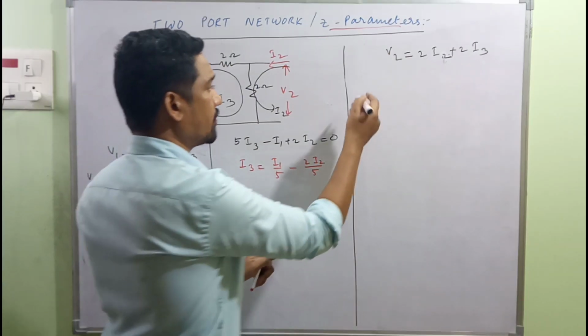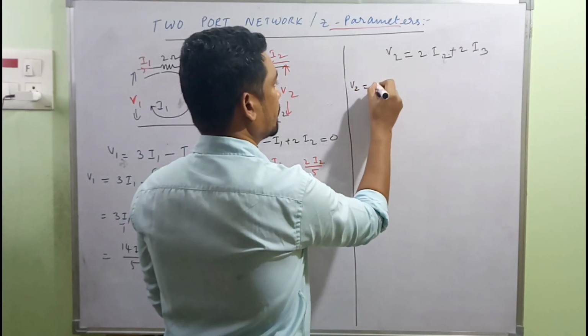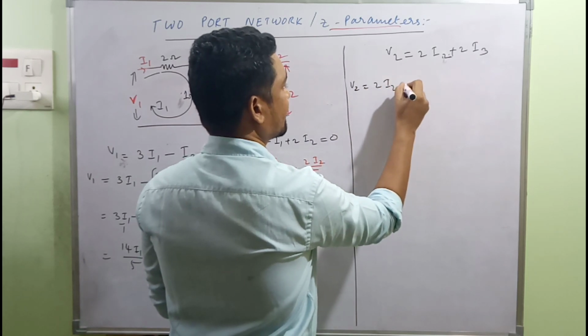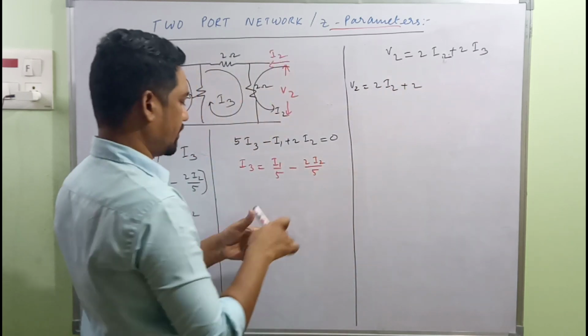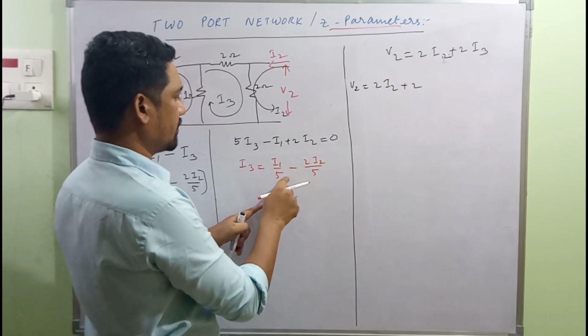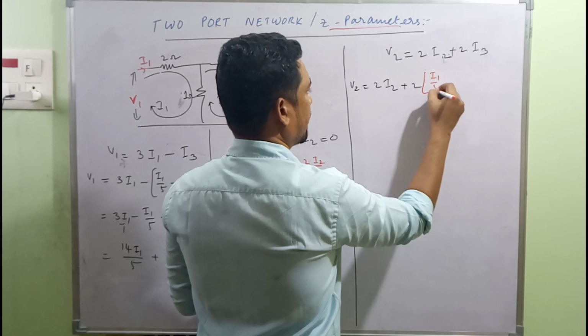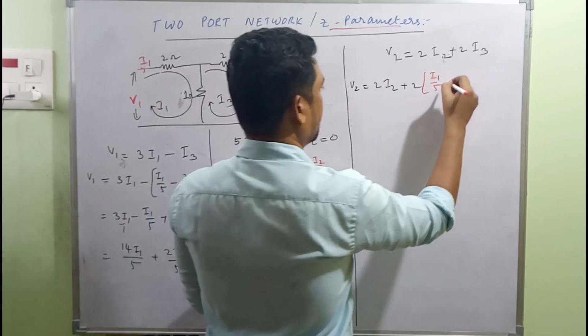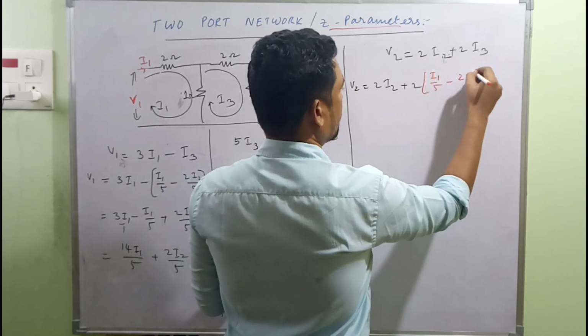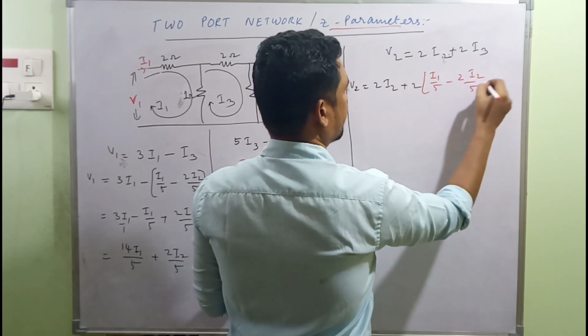Now evaluating for V2, we have V2 equal to 2 times I2 as it is plus 2 times I3, and I3 should be plugged in from here: I1 upon 5 minus 2 times I2 upon 5, isn't it?